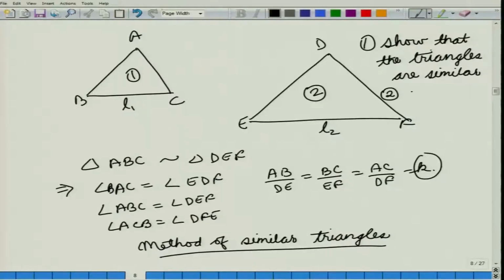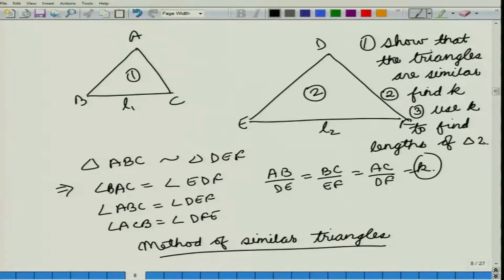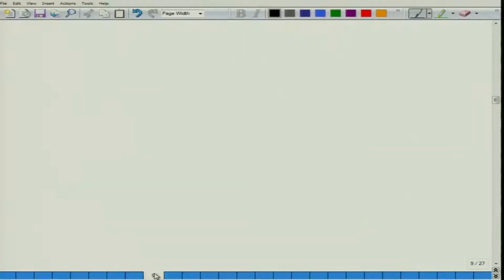Second, find K. We can find K by taking the corresponding measurements of both the triangles, and then use K to find the lengths of triangle 2. So, how do we use this method in the field? The first way of using this method would be using shadows.